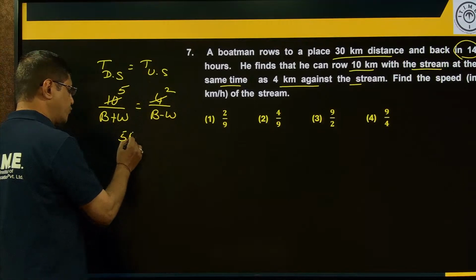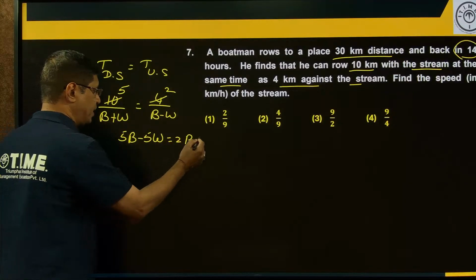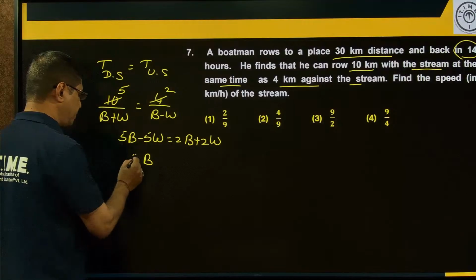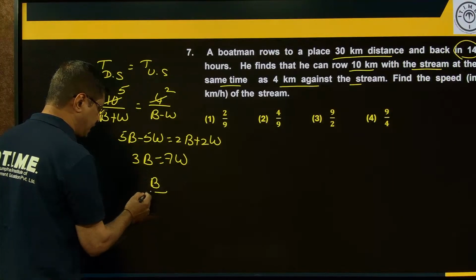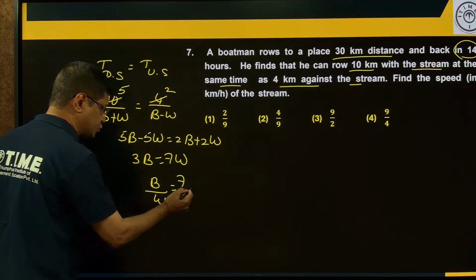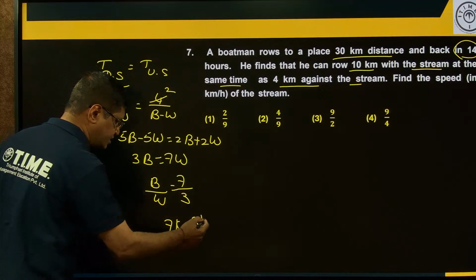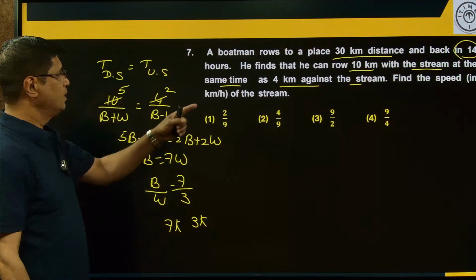So 5 times B minus 5 times W is equal to 2B plus 2W. Now 3B is equal to 7W. Means B by W is equal to 7:3. 7:3 means 7K and 3K are the speeds, boat speed and the water speed. Now, what is the question here?